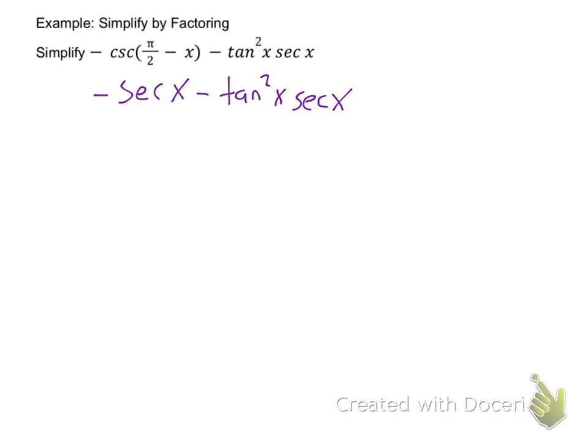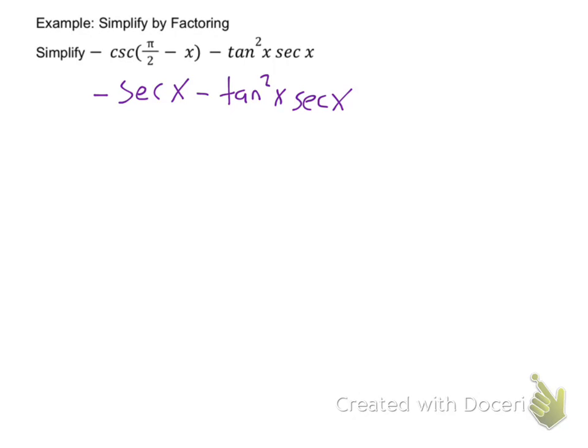Go back to your cofunctions from yesterday, and you will see the link that it's always of the other angle. Oh, yeah. So pi over 2 is really like 90. So 90 minus whatever x or theta is the same as the other function. Remember, sine of 30 is the same thing as cosine of 60. Yeah, that's right.